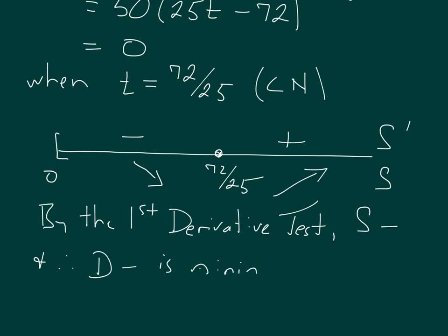In other words, the two ships are closest together when t is equal to 72 over 25 hours.